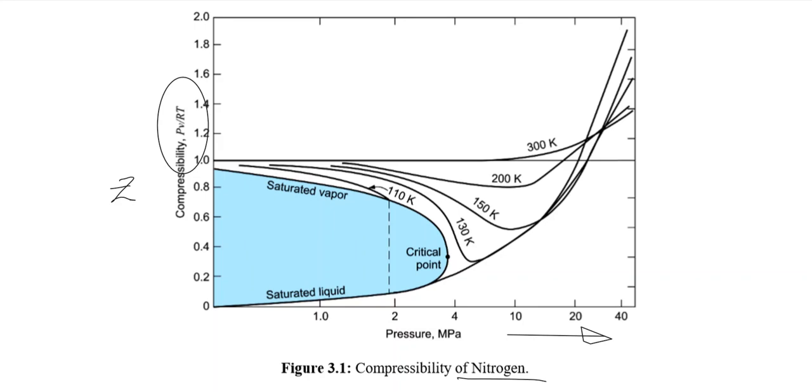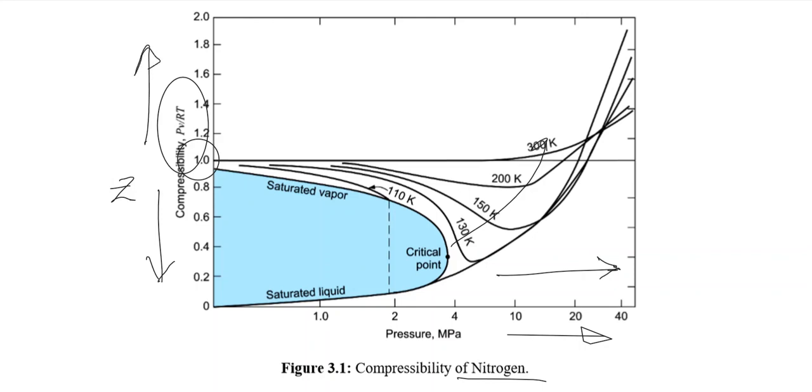We are talking about different pressures and different temperatures. We have increasing temperature from this direction to this direction, and increasing pressure in this direction. Z would be equal to 1 on this line, Z would be less than 1 in this direction, and Z would be greater than 1 in this direction.